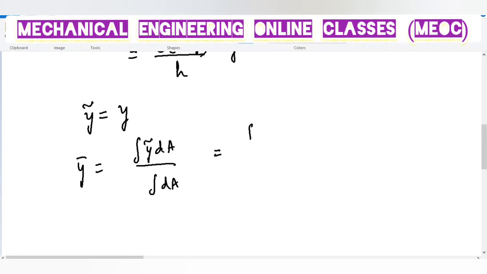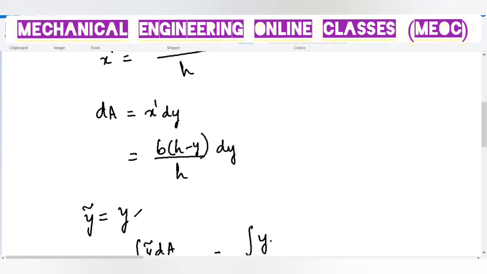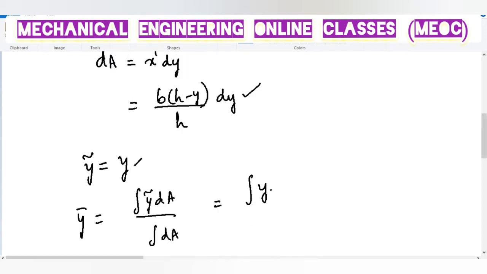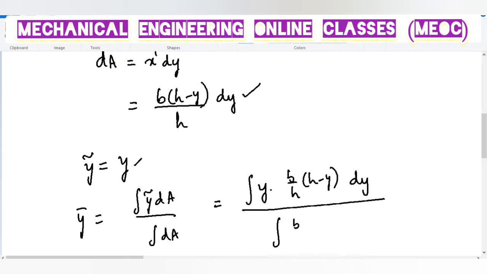Here y tilde is y, and dA is x dash dy, which is nothing but this one. Let us substitute it here: b by h into h minus y dy, divided by integral dA, which is b by h into h minus y dy.